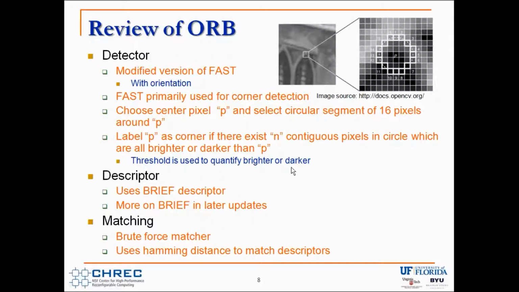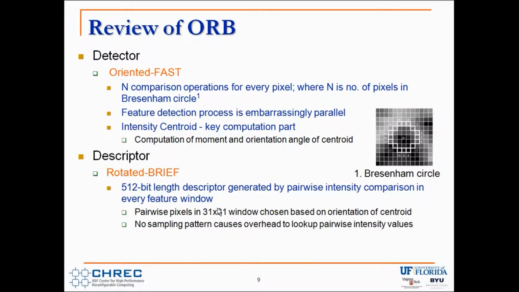The descriptor part is BRIEF, which is used to extract the information and provide a bit vector to the feature that has been extracted. Oriented FAST does n comparisons on the Bresenham circle. The feature detection process is embarrassingly parallel and can suit FPGA architectures.